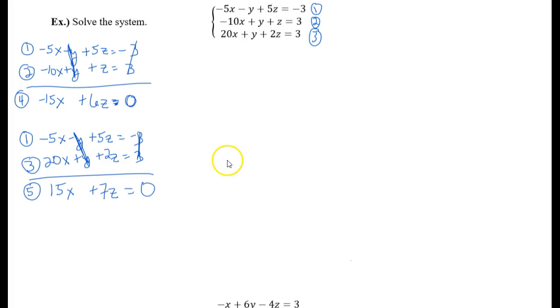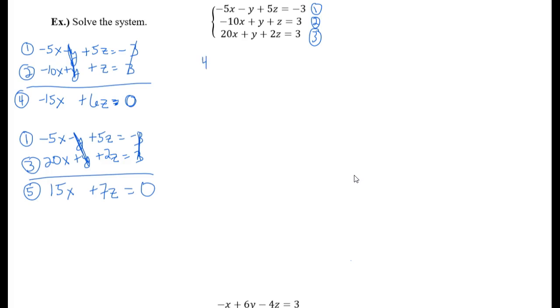And now I'm back to where I was before this section. I'm solving a system of equations with 2 variables and 2 equations. We can use elimination or substitution, just like we learned before. In this case, I already have a positive 15 and a negative 15, so I don't have to do any work. This does not always happen that way.